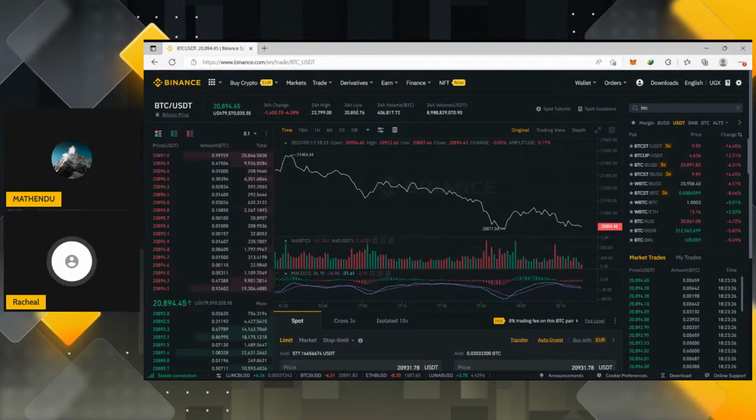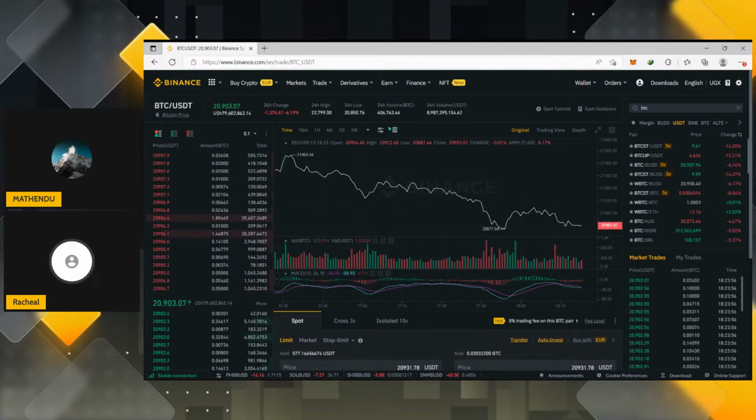And we have the 24-hour low, which is right now. It's the lowest Bitcoin has been in the last 24 hours, and we can see here on the chart that it hit the lowest around now. And then we have the 24-hour volume, meaning how much volume in Bitcoin has been traded in the last 24 hours for this specific trade pair of BTC USDT.